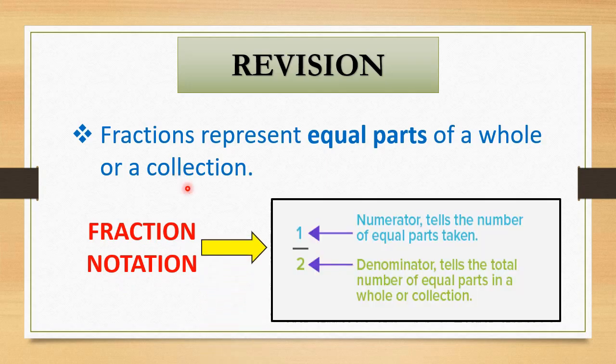So, we know that there are a numerator and a denominator in fraction notation. The numerator tells the number of equal parts taken and the denominator tells the total number of equal parts in a whole or a collection.